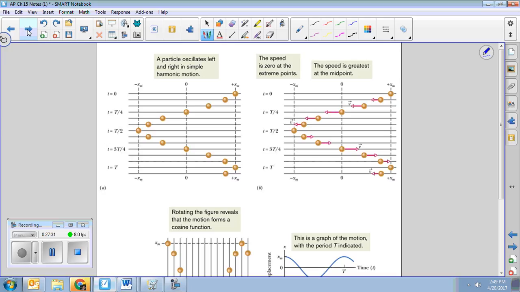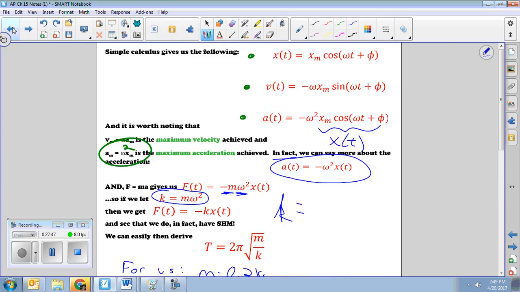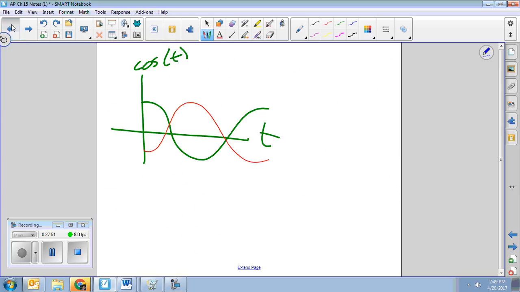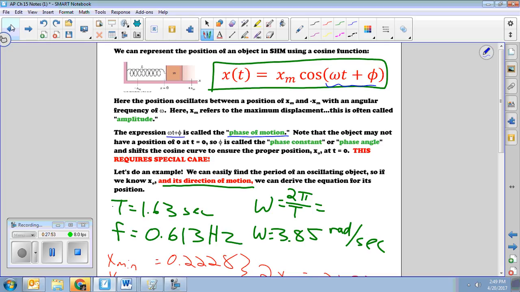All right, so these are stolen from your book. They are trying to help you understand how, if you imagine snapshots in time of your object oscillating, you translate that to a graph. Remember, our original example, before we did this example, was something oscillating horizontally, right? Okay.